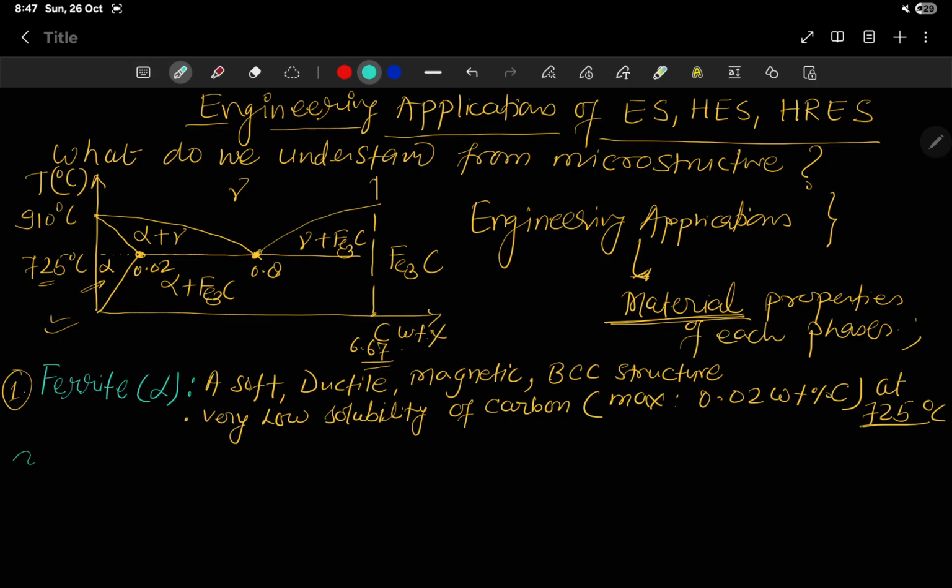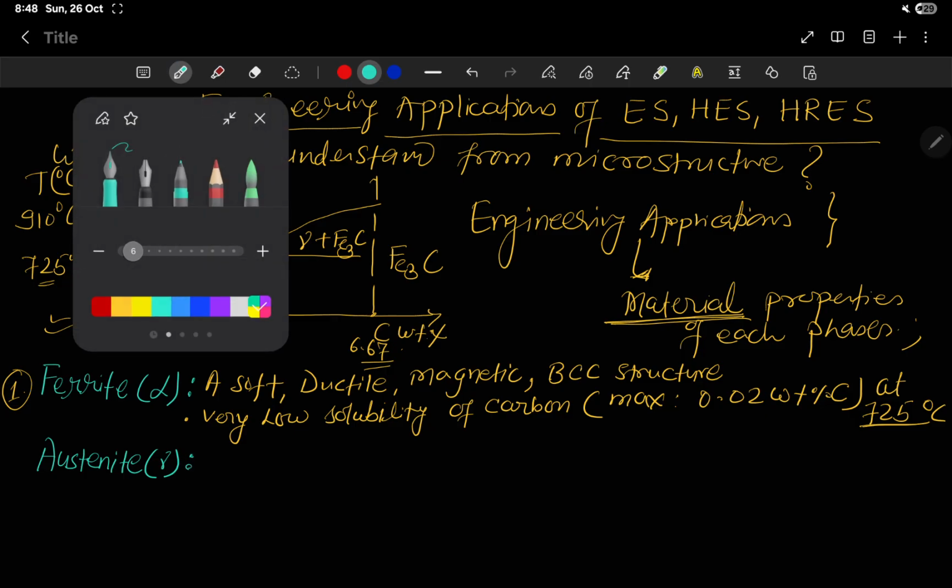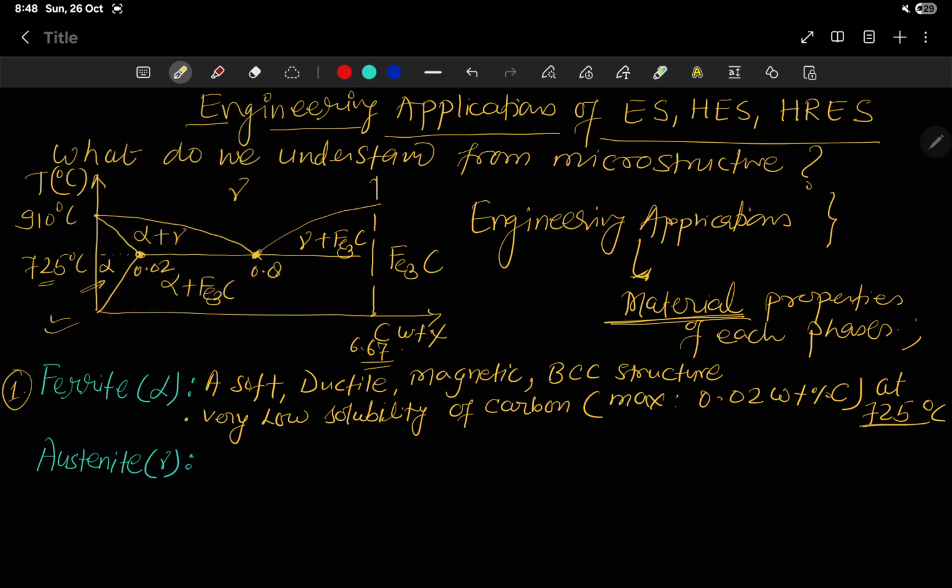Now let's try to understand another phase, which is austenite. This is denoted by gamma. This is phase 2.